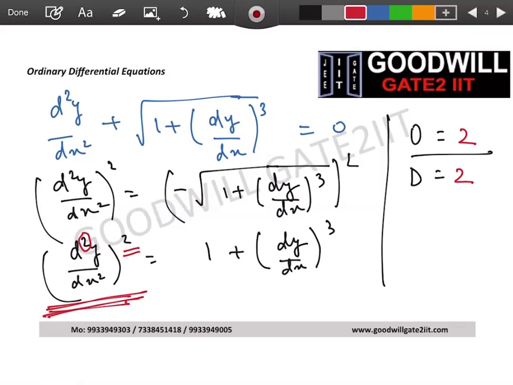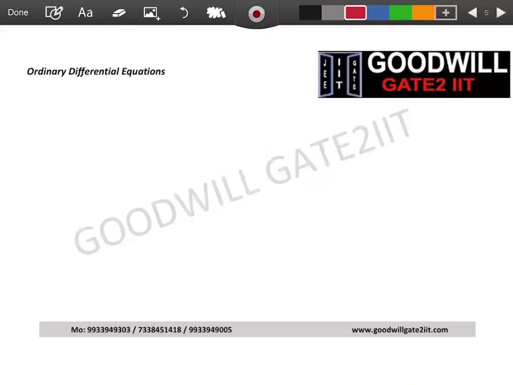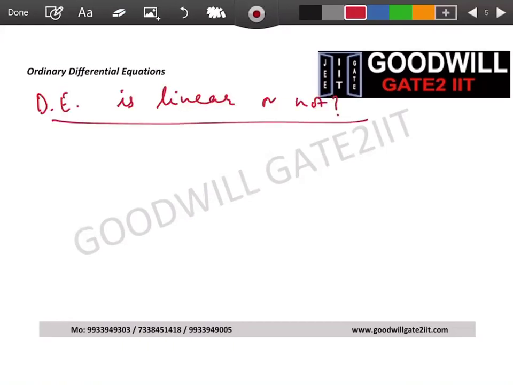So now with order and degree, we have one more basic thing, that is whether the differential equation is linear or not. The differential equation is not linear if it has a derivative or its dependent variable in multiplication.